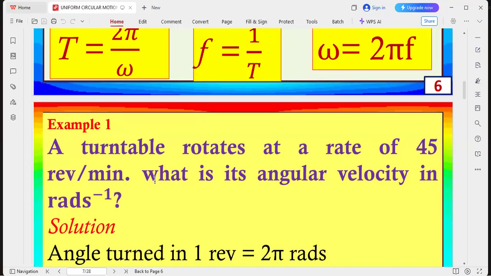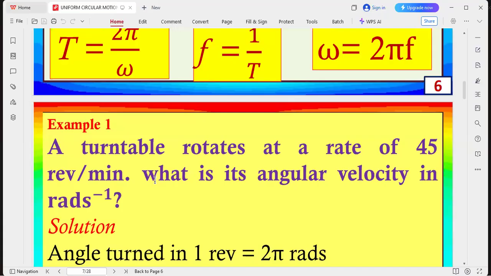So definitely 45 revolutions per minute can give us frequency, or it can also give us periodic time. So we can get angular velocity by having either omega equals 2 pi f or omega equals 2 pi over T, one of them.